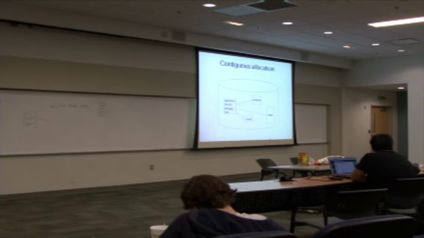You just need a bit vector, right? That says, I have 4 of these 8K partitions, 2 of these 6K partitions, and so on. So I just need a bit vector for whether that partition has been allocated or not, and that's all that you need in terms of data structure.